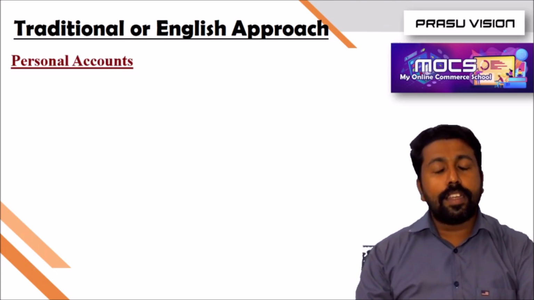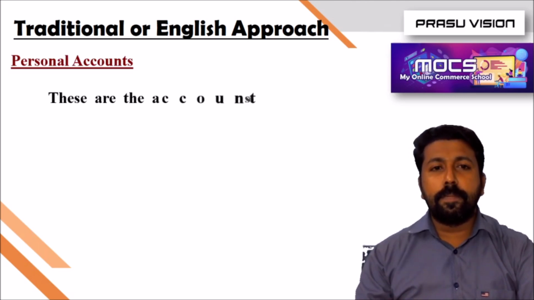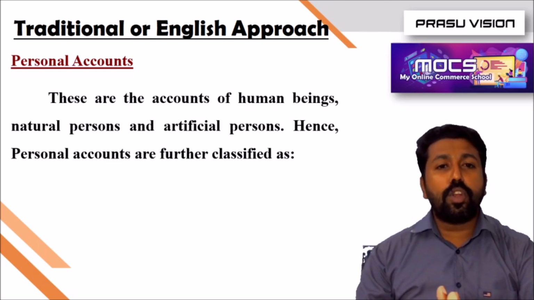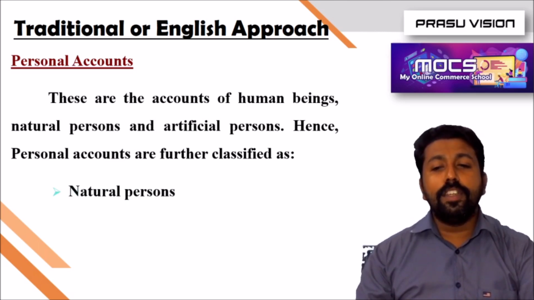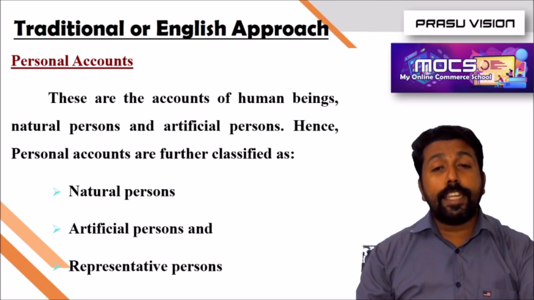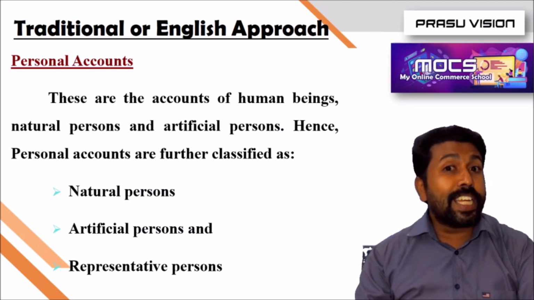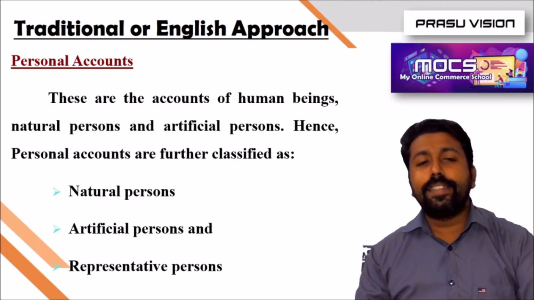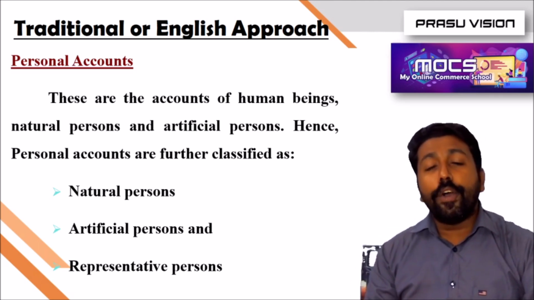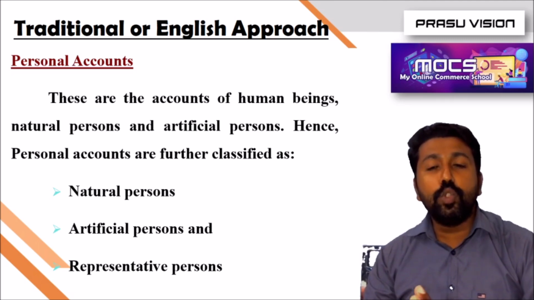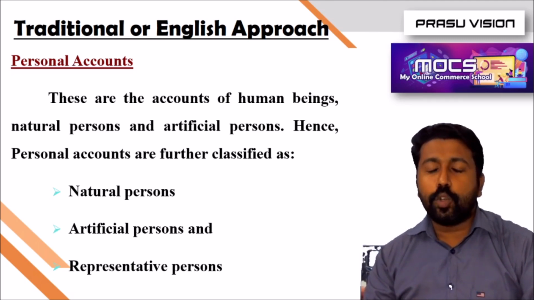You know very well there are three categories of persons or human beings: natural person, artificial person, and representative person. Depending upon the transaction, we will identify whether there is an element of a natural, artificial, or representative person. Based on that, we will use the debit and credit rules.